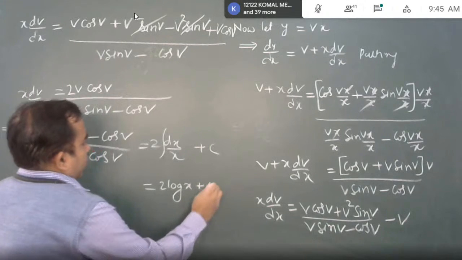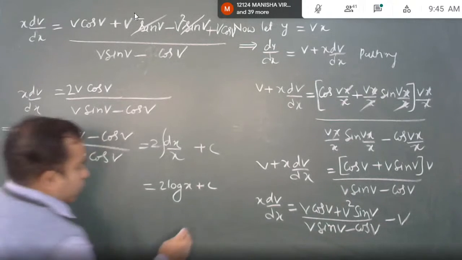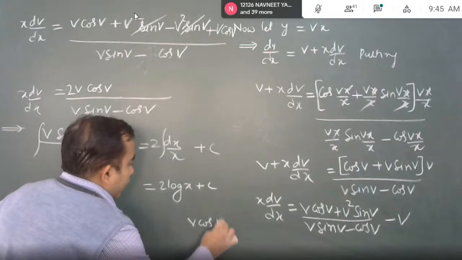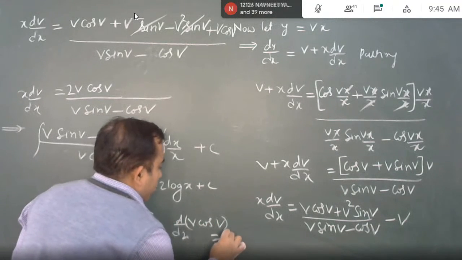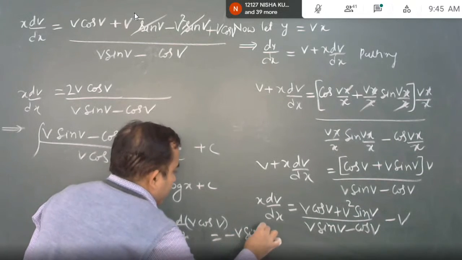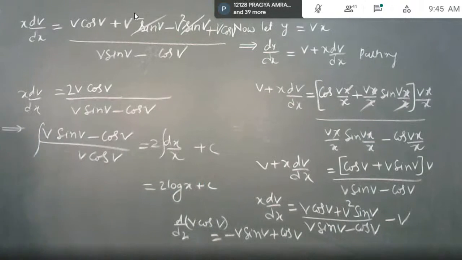f dash upon f. f dash upon f, is it? Denominator derivative will be v into minus sin v. माइनस कॉमन आएगा. हाँ, एक मिनट में जरा डिनोमिनेटर डेरिवेटिव फाइंड आउट करता हूँ. v cos v, if I differentiate I will get minus v sin v plus cos v. This I'll get, है ना.